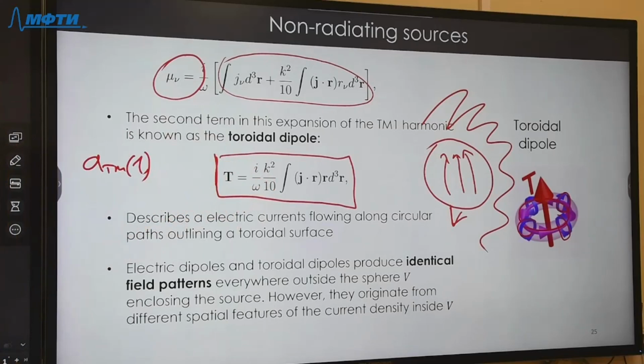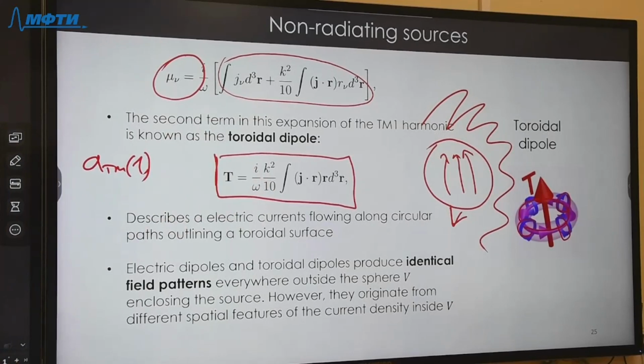So what it means is that you can have quite different geometrical structures, quite different microscopic distributions of currents that are in a way orthogonal and look completely different, yet they produce indistinguishable electric and magnetic fields outside the source region.